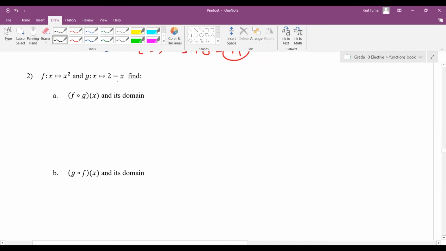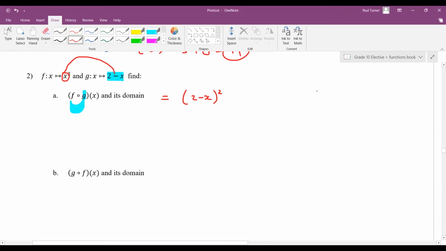So for question 2, take your g function, put it into your f function. So take that, put it into here. So you're going to get (2 minus x) all squared. Now this is a quadratic, isn't it?